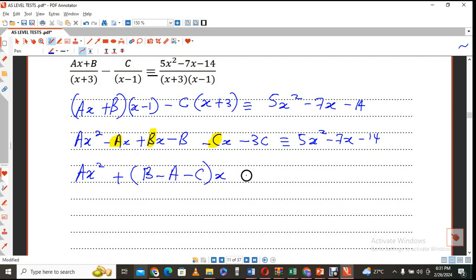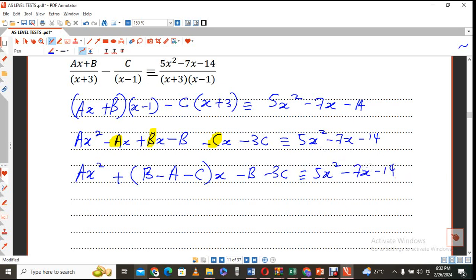Then I have minus b minus 3c. Well, this could represent the constant term. Those ones, minus b minus 3c, can represent the constant term, just numbers. That's identical to 5x squared minus 7x minus 14.